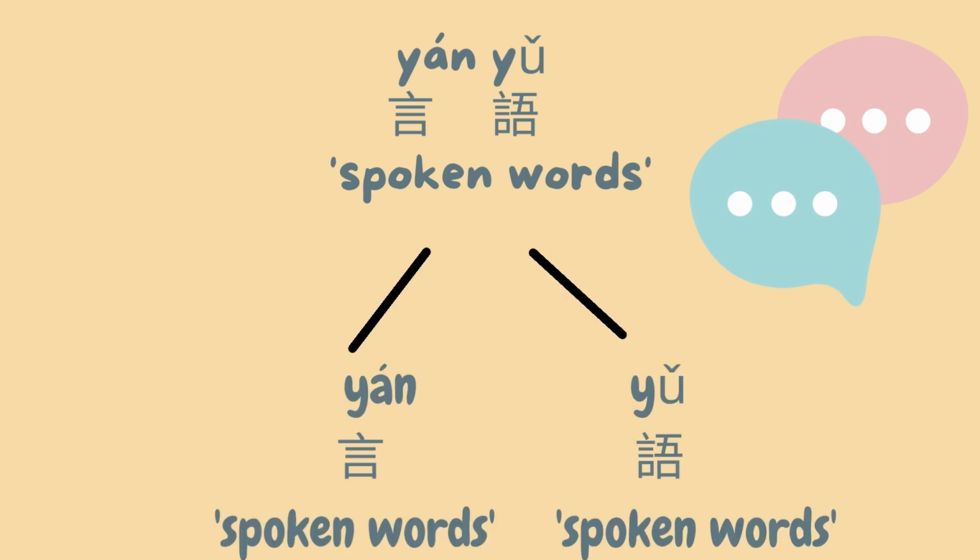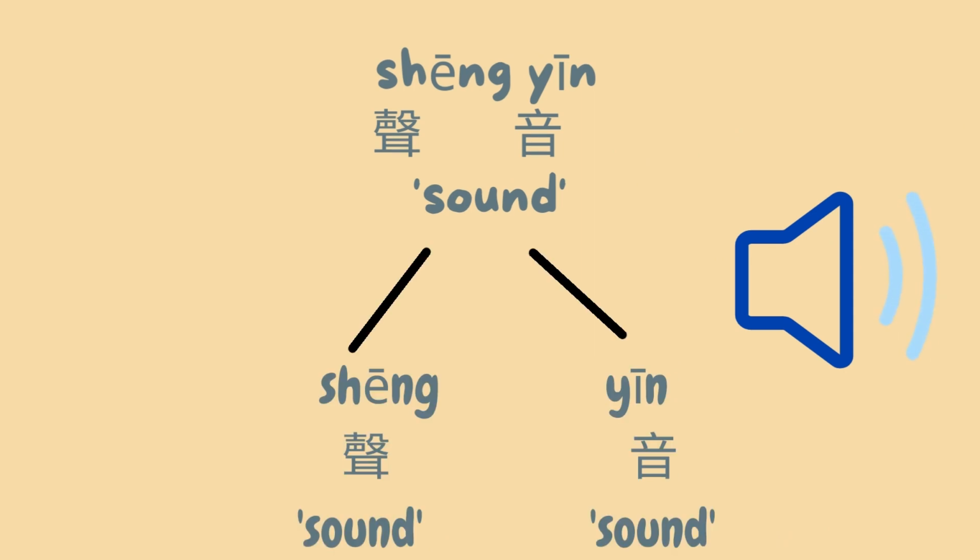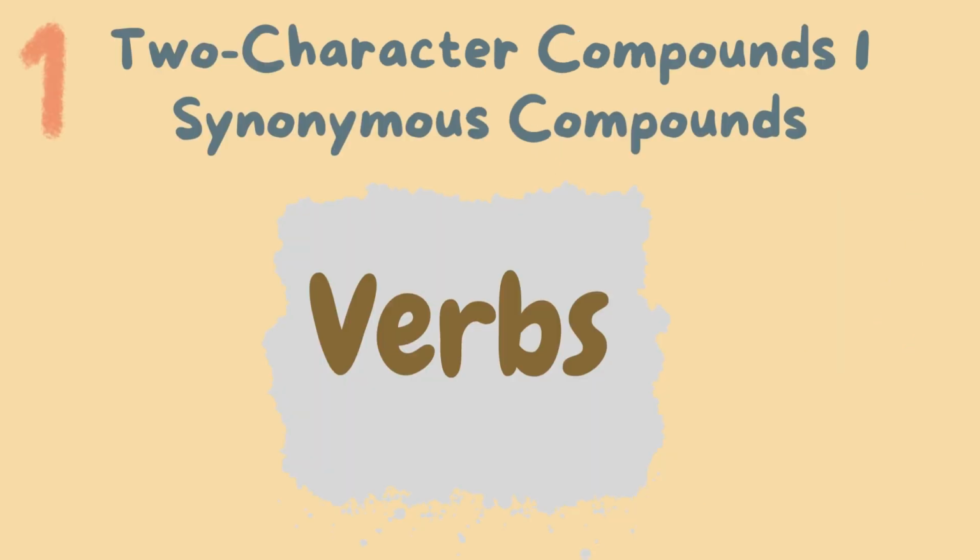Both the constituent characters 言, spoken words, and 语, spoken words, are synonymous with one another and with the word they form. 言语, spoken words. Next one, 声音, sound. Both the constituent characters 声, sound, and 音, sound, are synonymous with one another and with the word they form. 声音, sound.